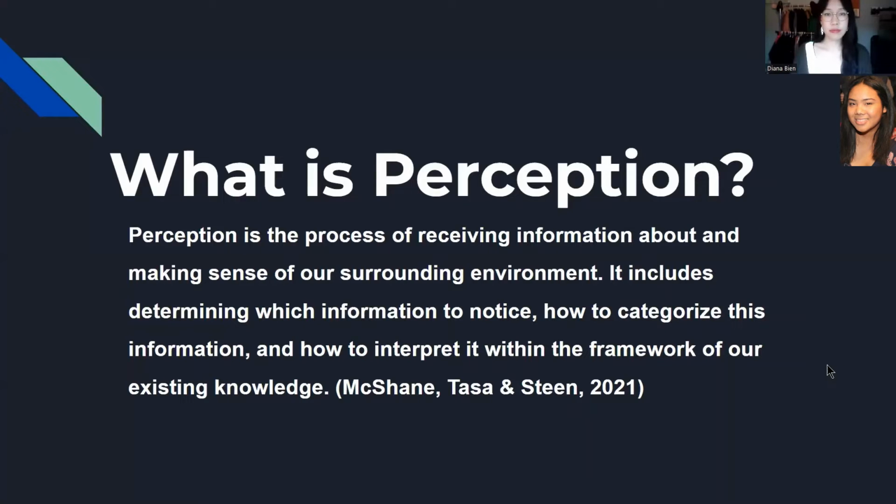So perception is important to organizational behavior as it influences decision-making and our behavior. In organizational behavior, perception may affect how employees respond in certain situations, deal with certain tasks, and even how others respond to their role in the company. Understanding that we all have perceptions about things and other individuals may help us better understand each other. Now, the rest of my group members will take you through a more in-depth discussion on perception.